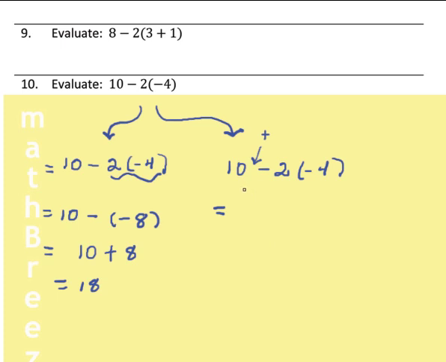We imagined a plus symbol in between. So think of this as 10 plus 8. Minus 2 times minus 4 is 8. So I'd rather go straight to this line right here and skip this one. So go straight to 10 and read this as minus 2 times minus 4, and remember the plus sign in the middle. So go straight to 10 plus 8.